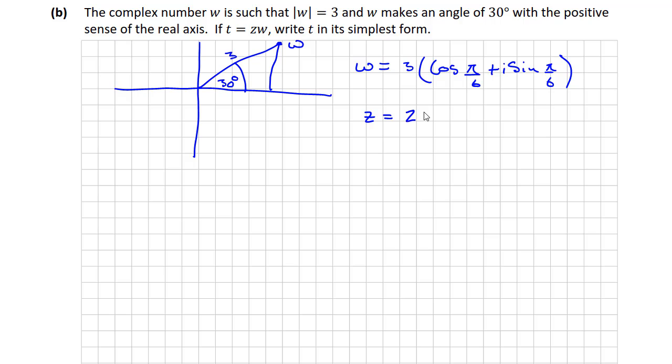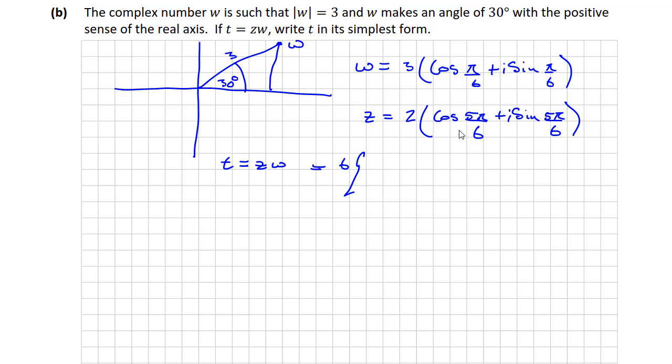So we had 2 times the cosine 5 pi over 6 radians plus i sine of the same. And we want to find t, which is equal to zw. So we just multiply these, and that will give us zw is equal to 6 times.